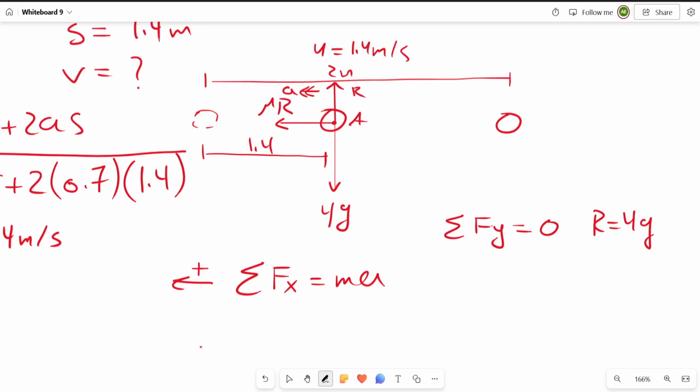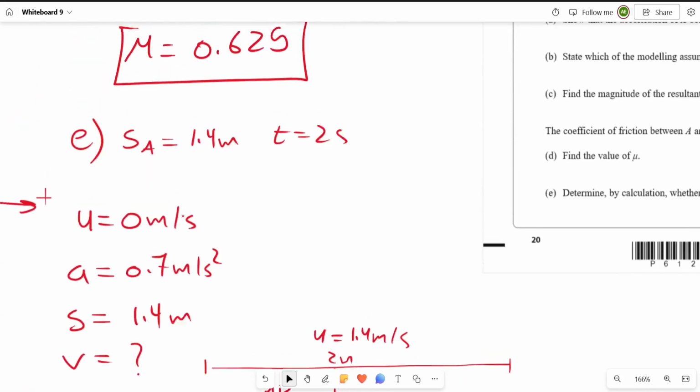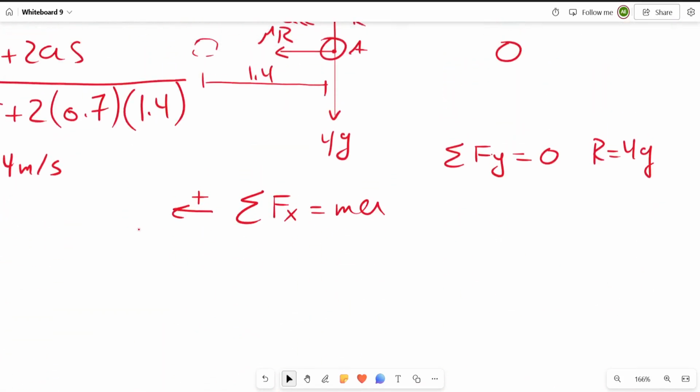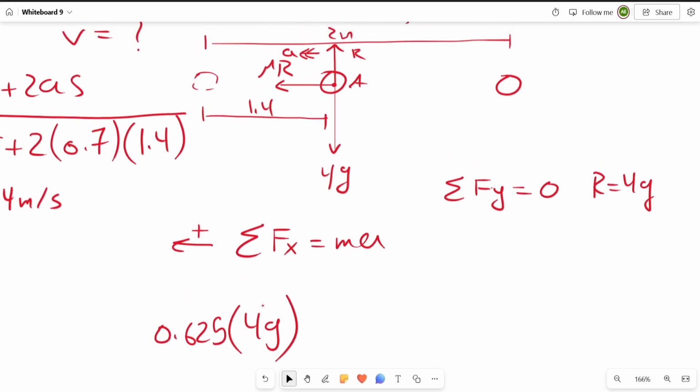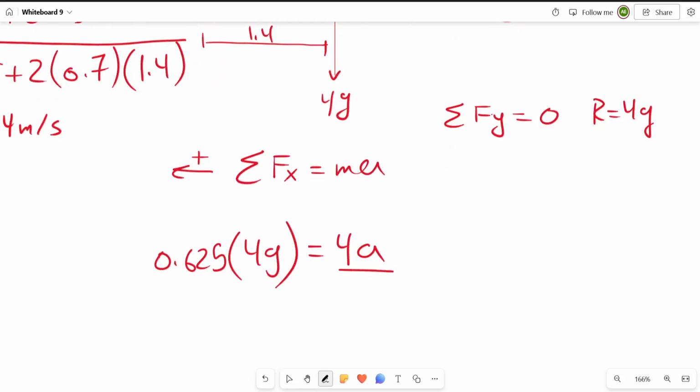Over here, μR, we have μ from the last question, μ is 0.625. So we have 0.625 times R, which is 4g. It's positive. Why? Because it's pointing to the left and my acceleration is also to the left. This is going to equal mass times acceleration. Mass is 4. Acceleration is the thing that I want, so I'll divide everything by 4.